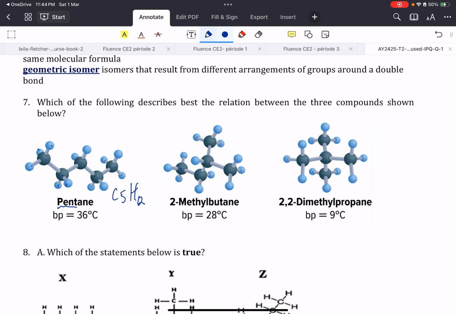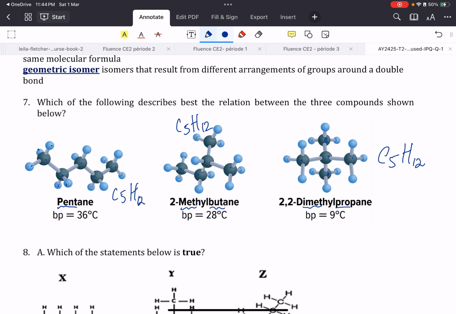2-Methylbutane, I also have 4 carbons as a main chain and 1 carbon branch, so the total is 5, C5H12. And dimethylpropane means I have 3 carbons and 2 branches, each one carbon, so that makes it C5H12.